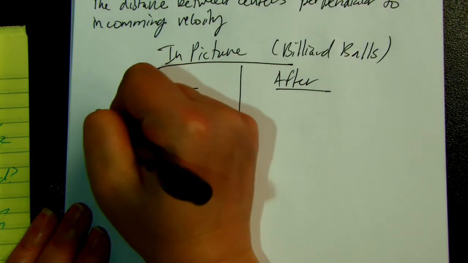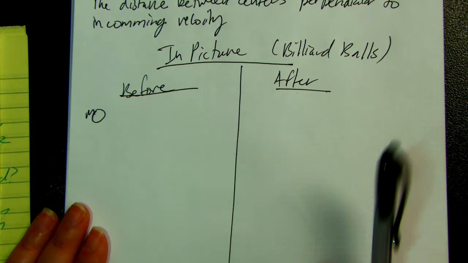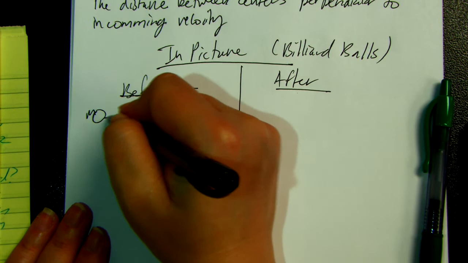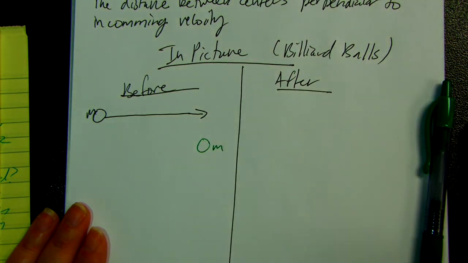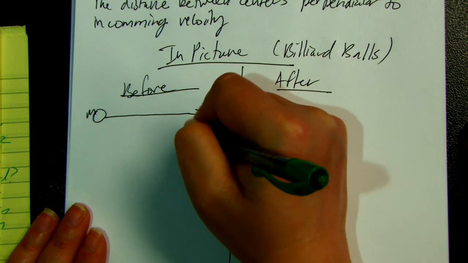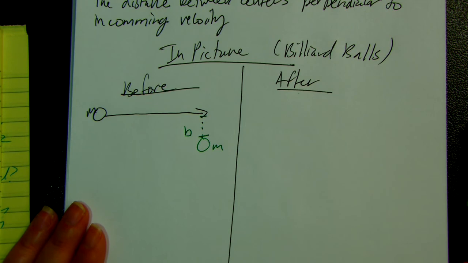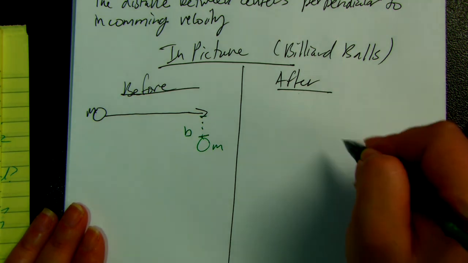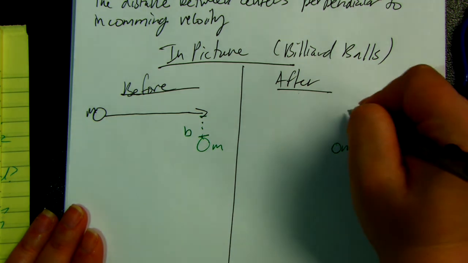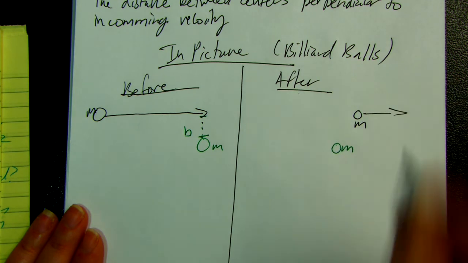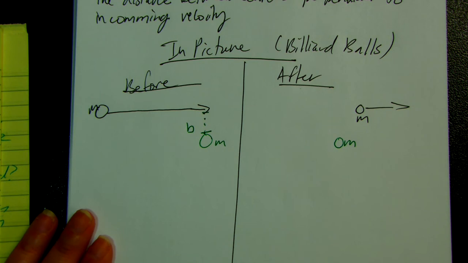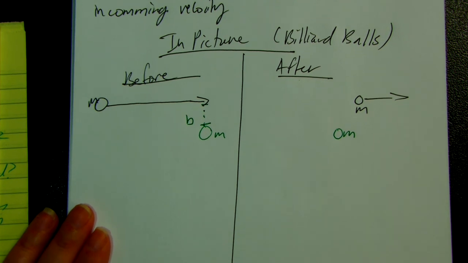Okay, so we've got M coming in to strike M. And we've got this distance B. What's going to happen is this M is going to stay there, and this one's going to just roll right on by like nothing ever happened because the impact parameter is too large for them to actually strike each other. All right, so large B.